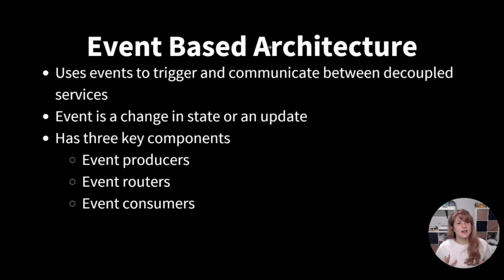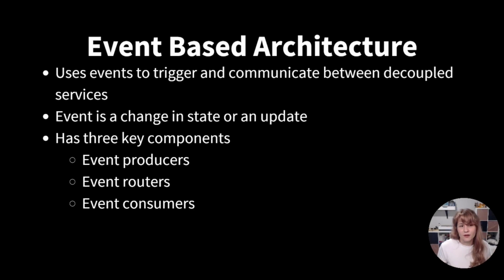So I just said technically everything can be translated down to event-based actions. This means we are going to use an event-based architecture. Event-based architecture uses events to trigger and communicate between decoupled services. This is very common in modern applications built with microservices.